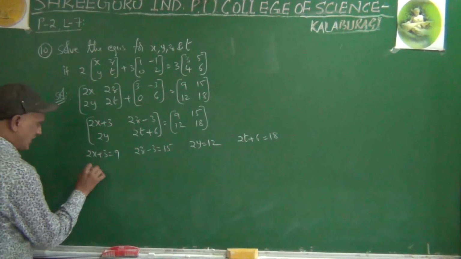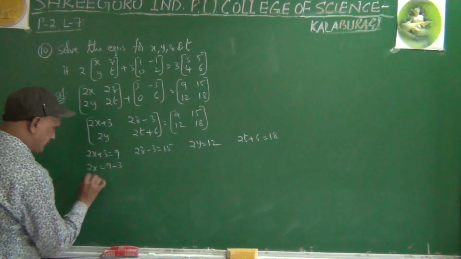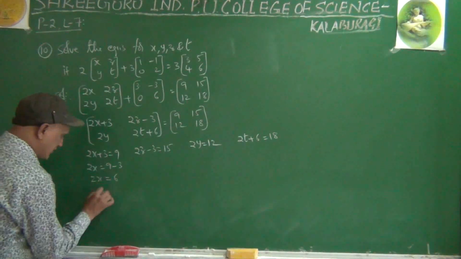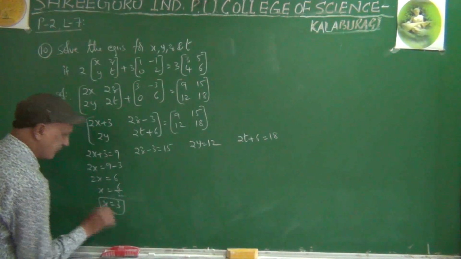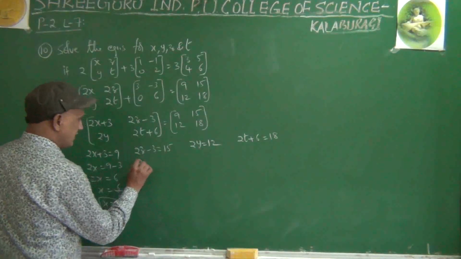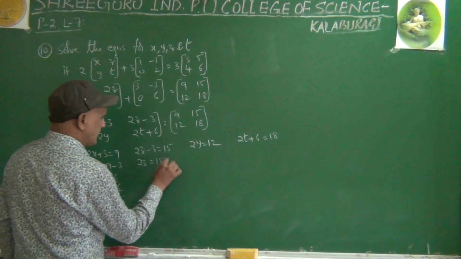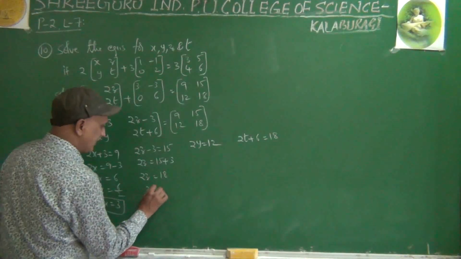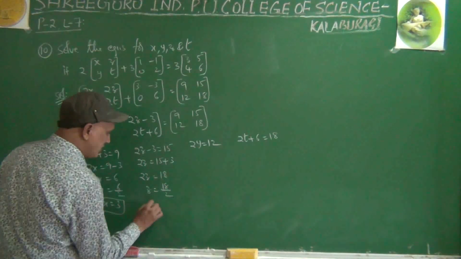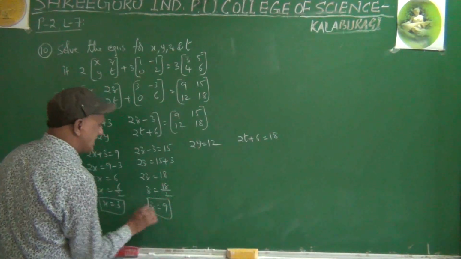Right? 2x equal to 9 minus 3, 2x equal to 6, x equal to 6 by 2, x equal to 3. Simple questions. 2z equal to 15 plus 3, 2z equals 18, z equal to 18 by 2, z equal to 9. Lower class simplification.